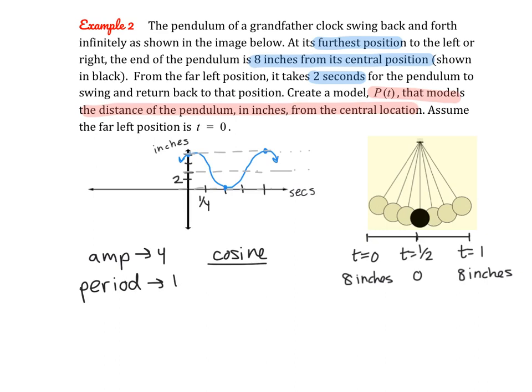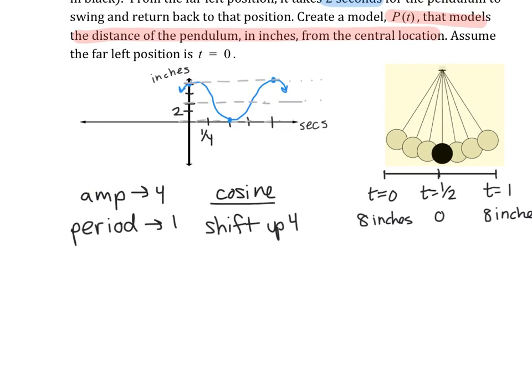I can see that we do have a vertical shift. So since our midline is at 4, we know that we need to shift our graph up 4. I don't see a reflection of any type, and we don't have a horizontal shift if we're using cosine. So we should be ready to create the function. So remember, they would like us to call this function p of t. So again, our amplitude is 4.